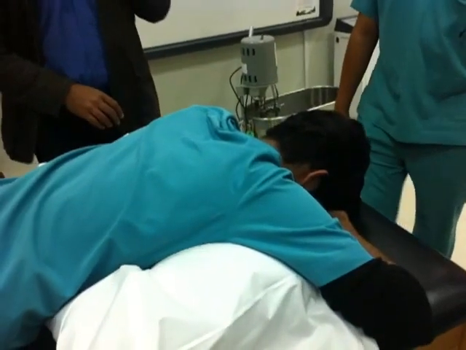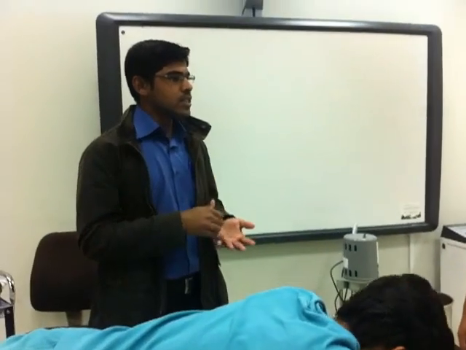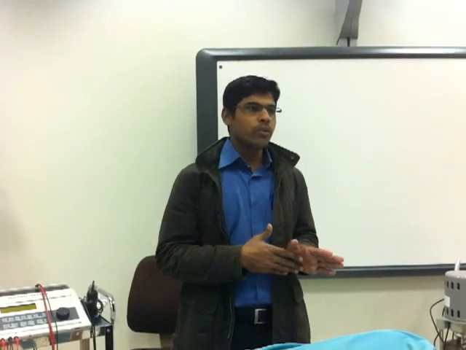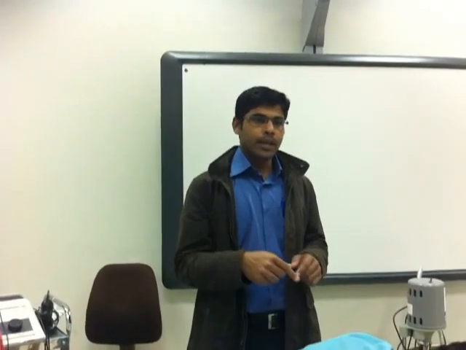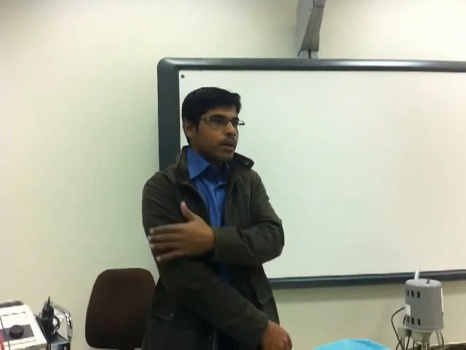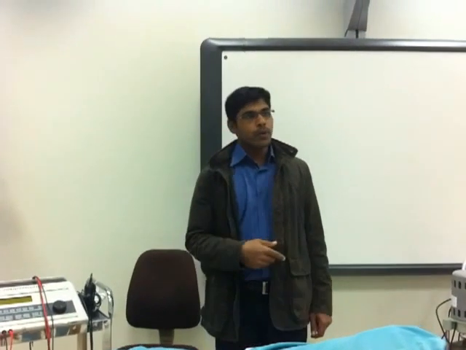Depending upon the nerve root involvement, C1 or C2 or C3 or C4 or C5, C6, C7, C8, T1, you will elicit a pain either at the front of the arm or back of the arm, or either front of the forearm or back of the forearm.